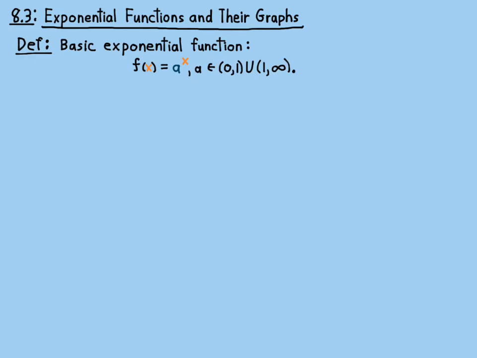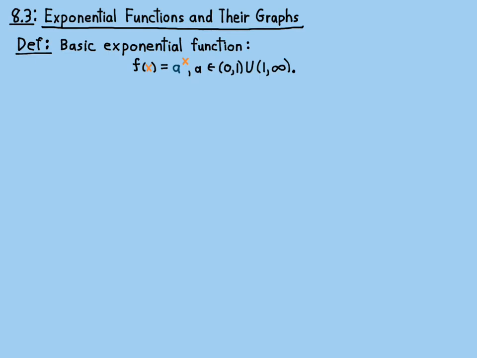Now 0 you don't have, because 0 to any number other than 0 is 0, and so that would be a horizontal line. 0 to the 0 power is what we call indeterminate. It's undefined, only worse. And so basically with a equals 0, you'd have a line along the x-axis with a hole at the origin, which we don't want to call an exponential function.